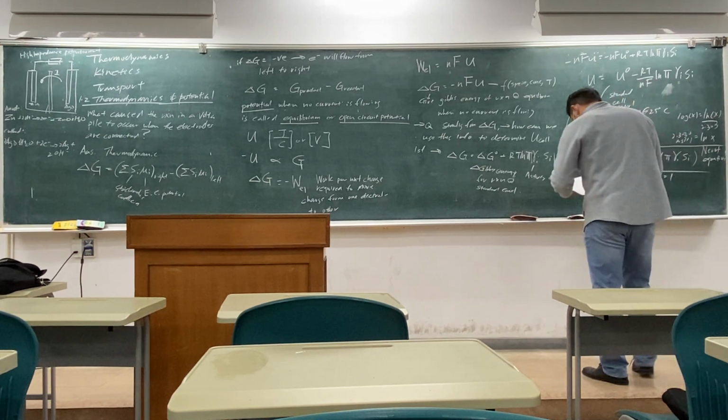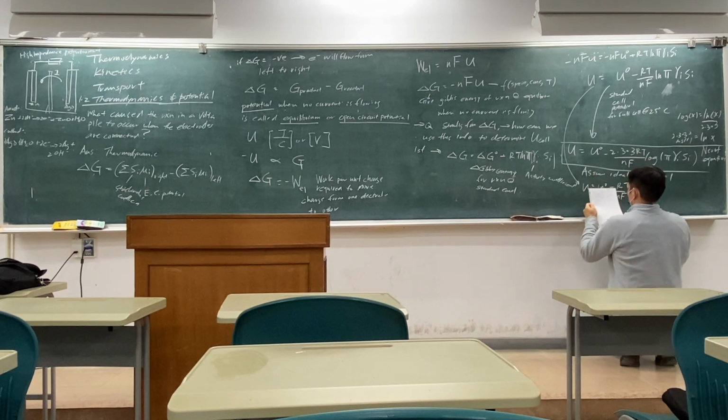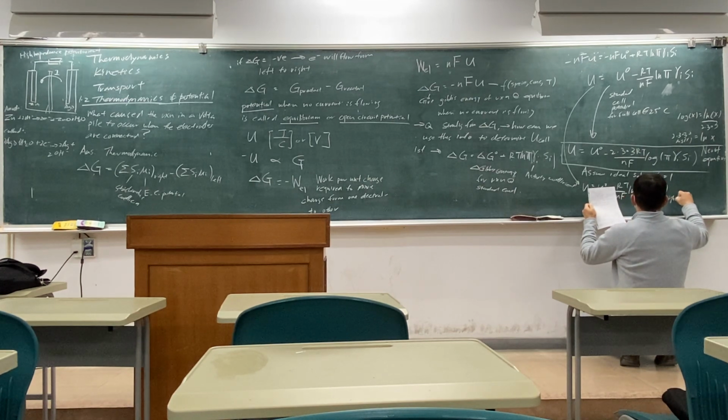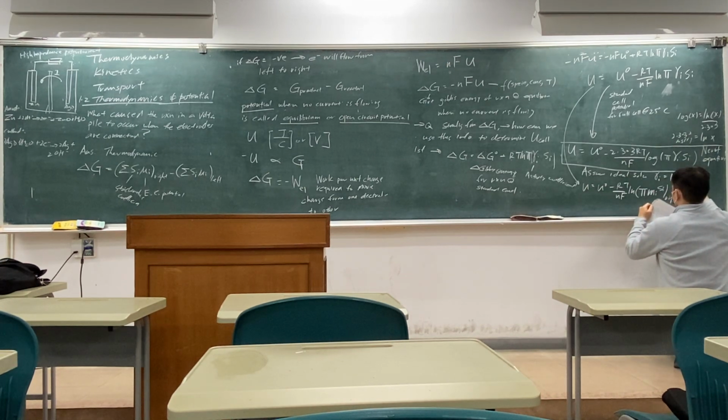Then we'll get U is equal to U naught minus RT over NF ln of pi over the right of m i to the power s i, plus RT over NF ln of pi over the left of m i to the power s i.